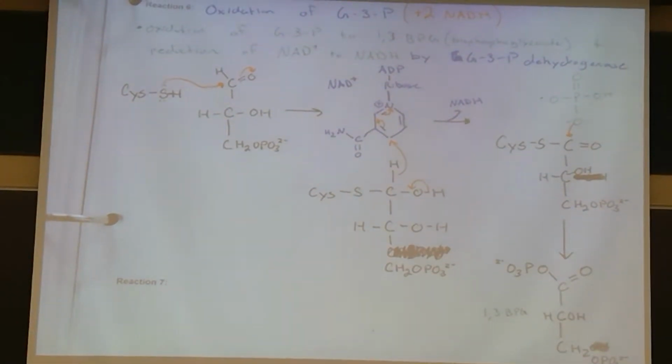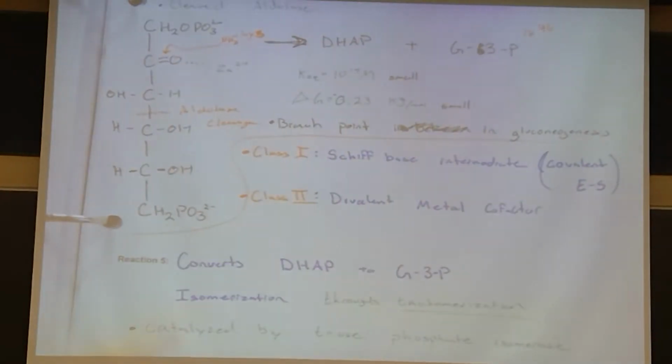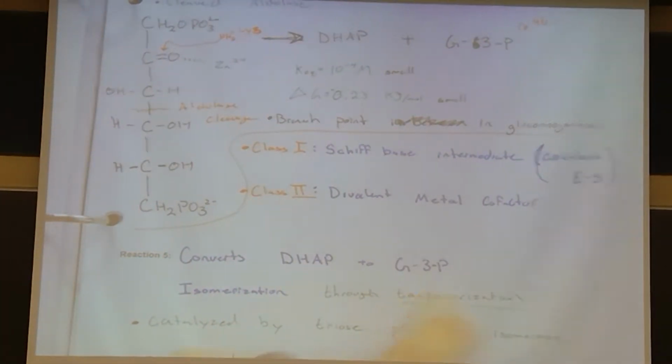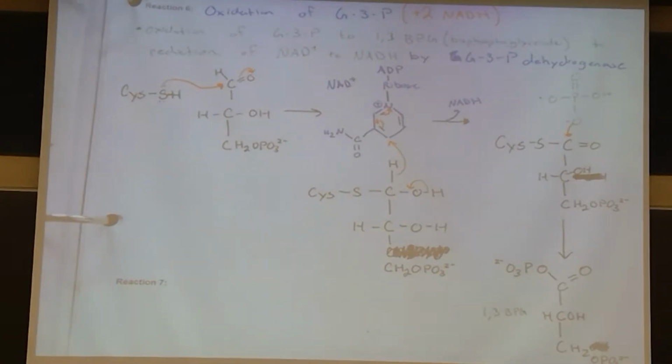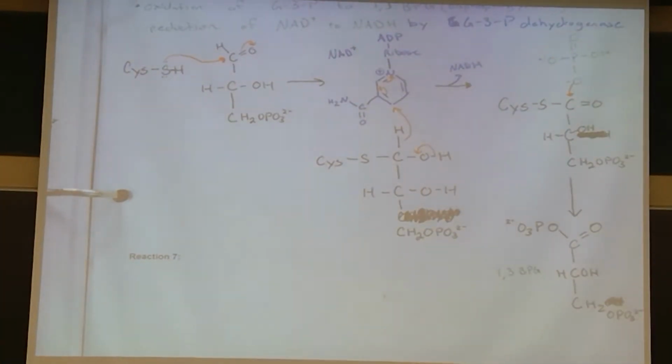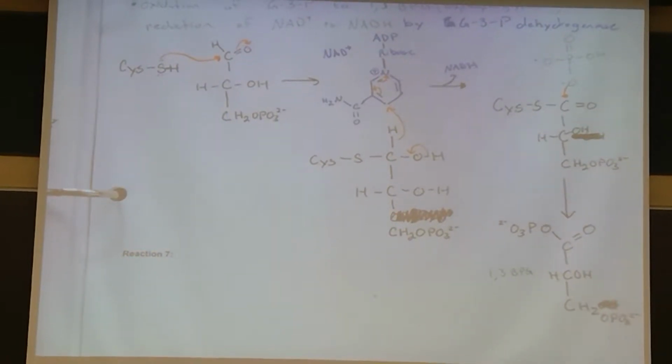However, 1 glucose leads to one G3P, one DHAP, one DHAP goes to G3P, so it actually leads to two G3Ps. So one glucose will lead us to two NADHs by this step.